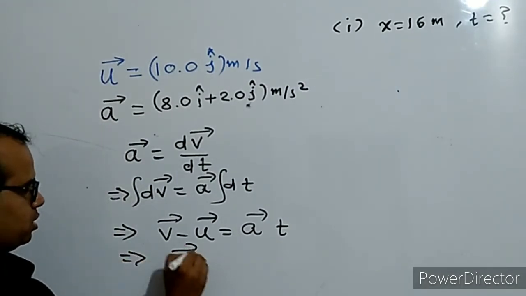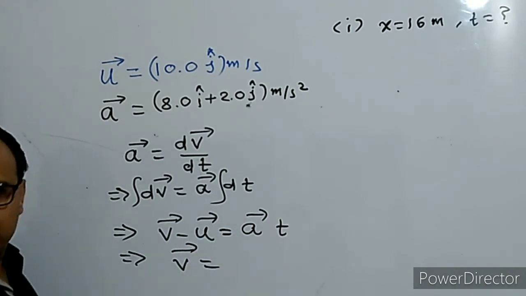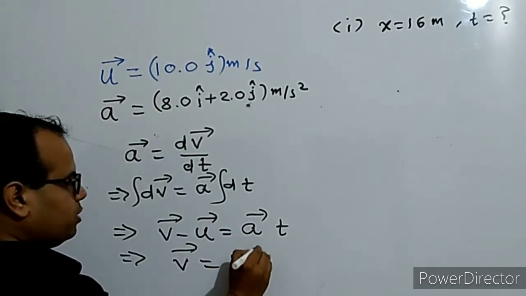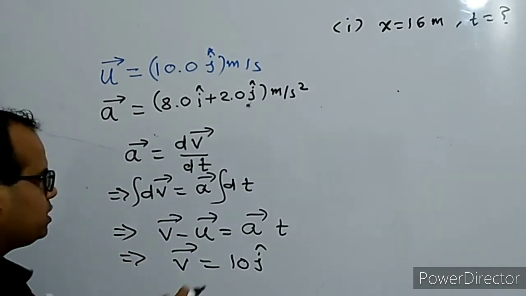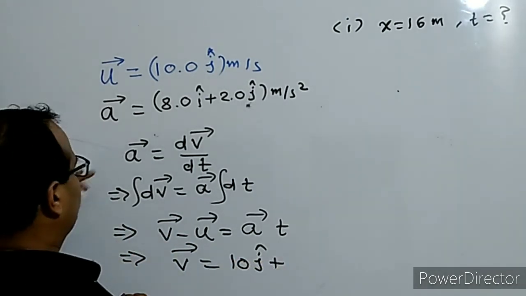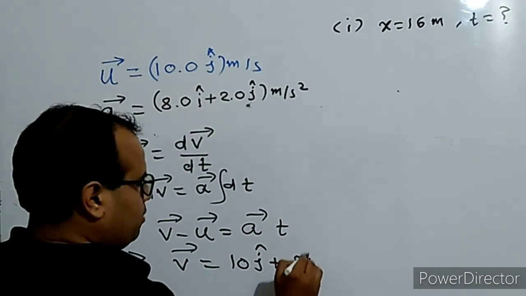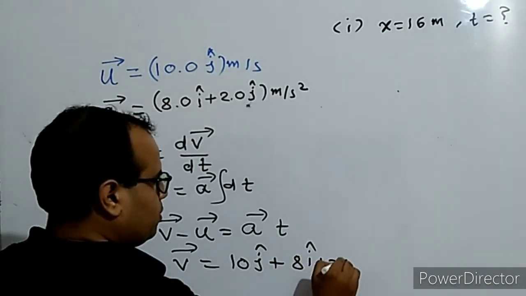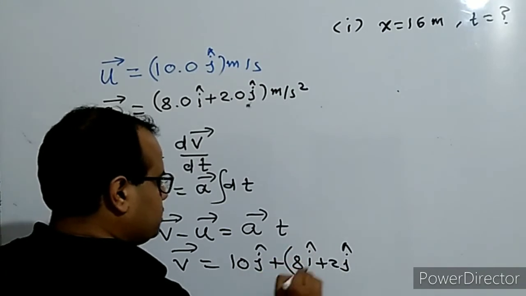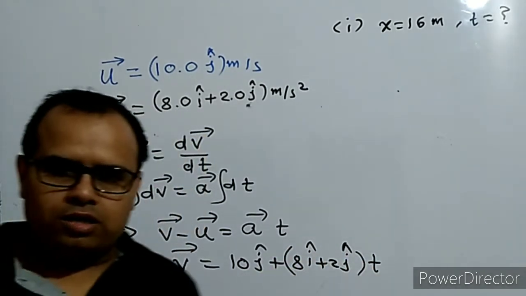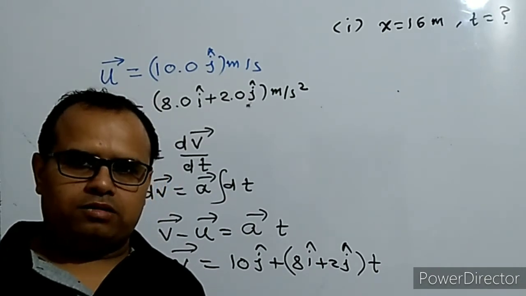V vector is equal to u vector plus a vector t. U vector initially is given as 10 j cap, so I can simply write 10 j cap here, plus a vector t. What is a vector? It is 8 i cap plus 2 j cap, multiplied by t.